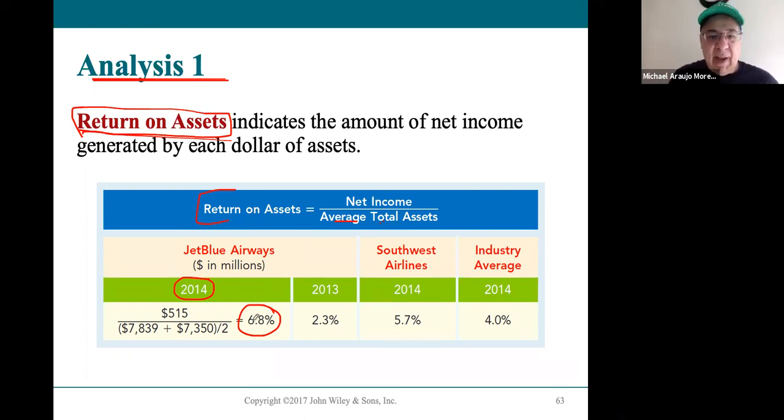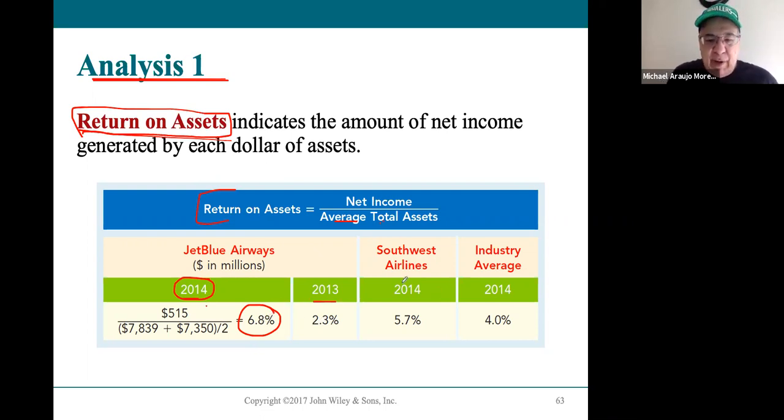That's wonderful. So this would tell me that JetBlue is really using their assets quite wisely here. Okay, much better than in 2013, where their return on assets was very low, 2%. Now it's at 6.8%, much better.